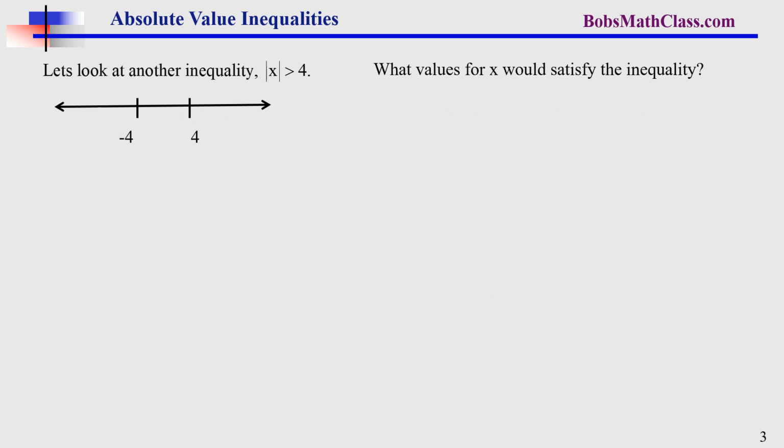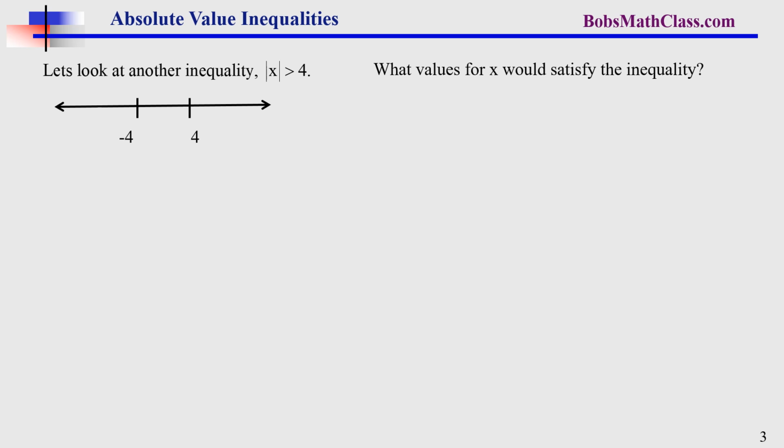Okay, let's look at the inequality where it's a greater than this time. Absolute value of x is greater than 4. What values for x would satisfy this inequality? Well, a number like 7 would work, right? 8, 5, anything to the right of 4.